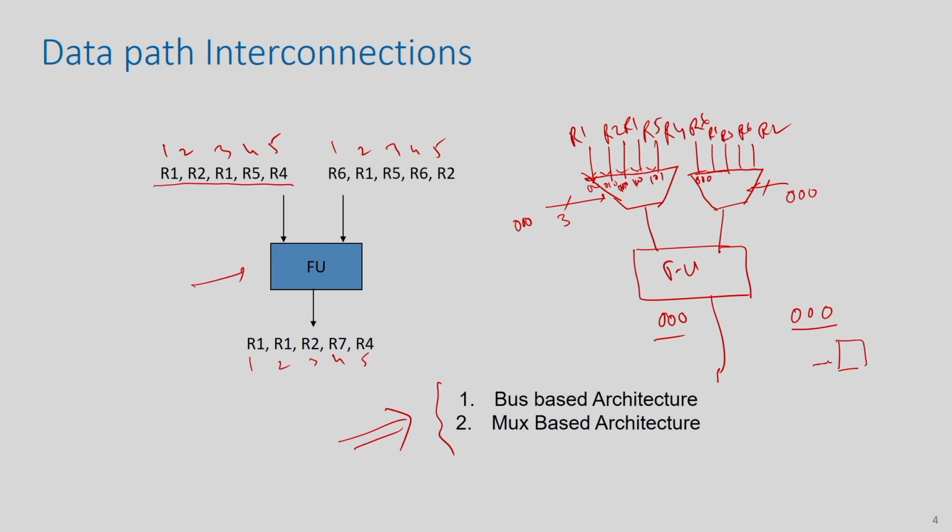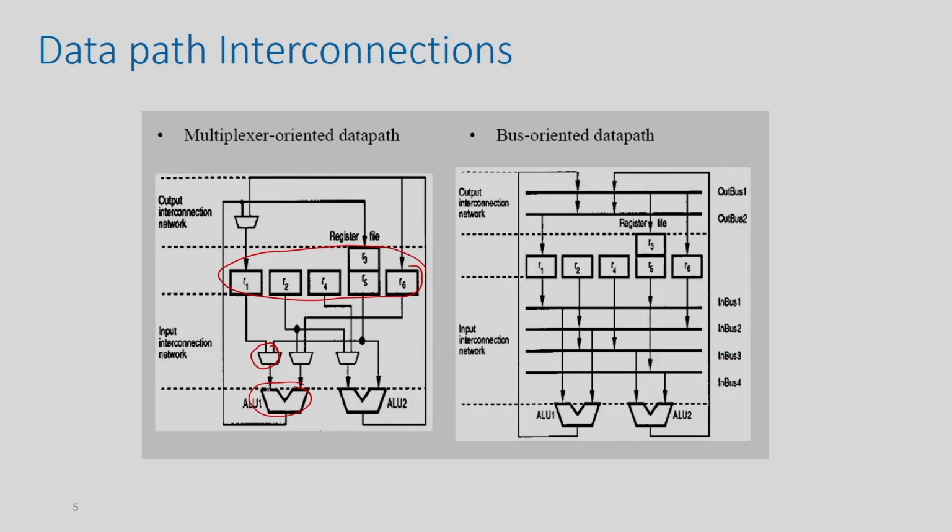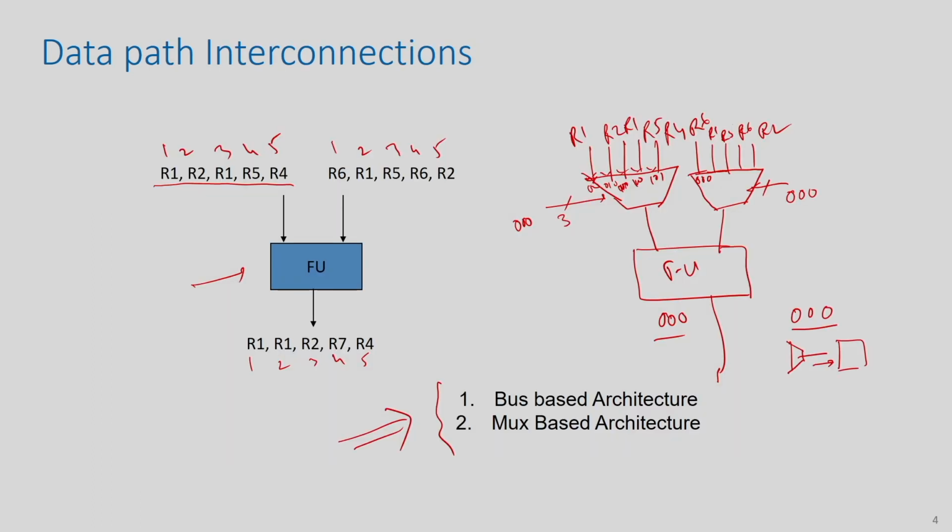So, there should be some enable signal to the registers, and there should be a mux at the input of the register, because I just talked about one FU, but the input to the register may come from multiple FUs. So you have to put multiplexers at the input of the registers also. That is what this mux based architecture is.